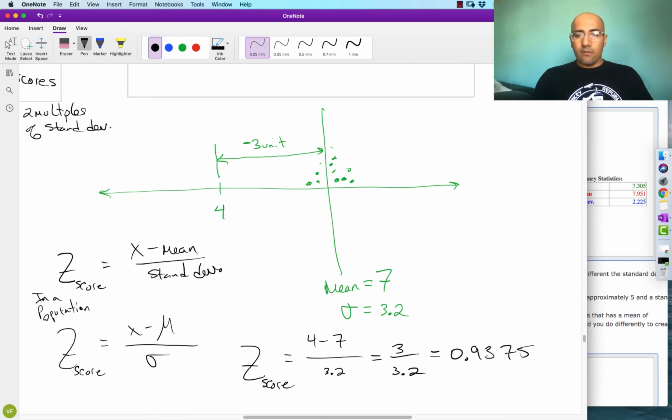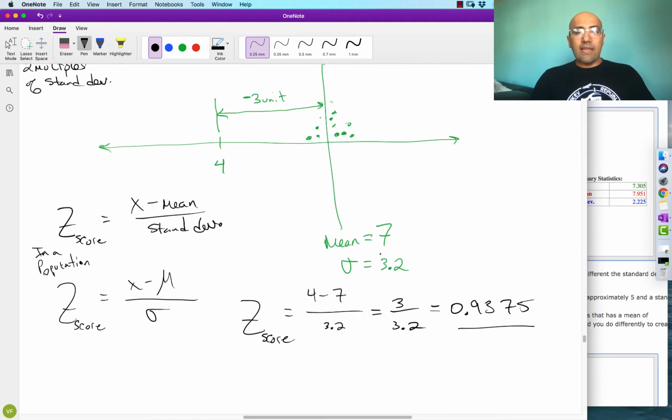0.9375. Right? So what does that mean? This means that the value 4 is... oops, sorry. This is -3. This is minus 3, which means that this is negative, right? Negative is important.